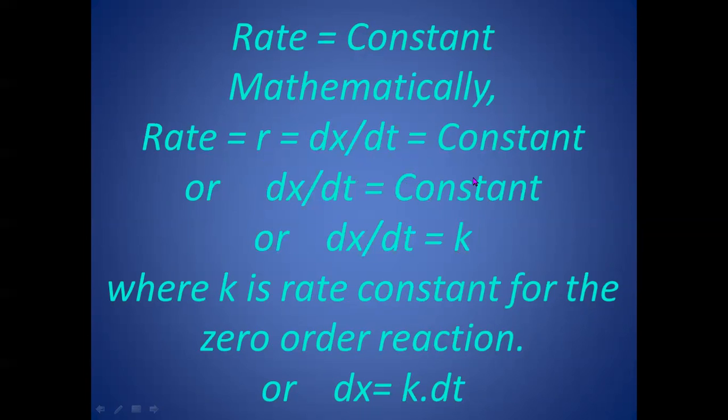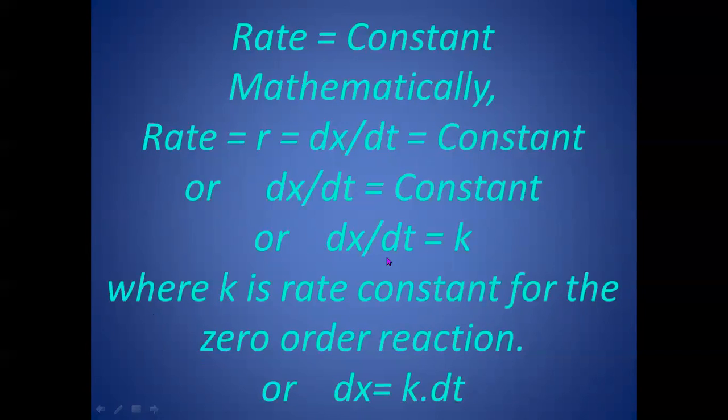Because it is independent of concentration. Therefore, we have taken it as constant, and it is represented here by K. So dx by dt is nothing but the rate, or how the concentration is changing with respect to time.